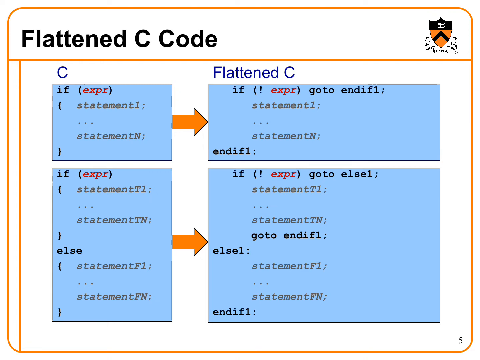We would proceed straight to statement F1. And that wouldn't work. We would be doing both the consequent and the alternative. So here we want to have a goto at the end of the consequent in the if statement. That will jump out of the if statement to the next line after it in the original C program.